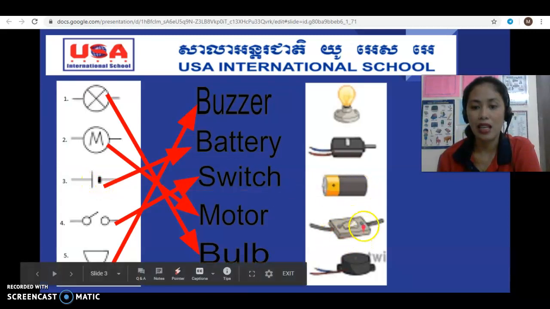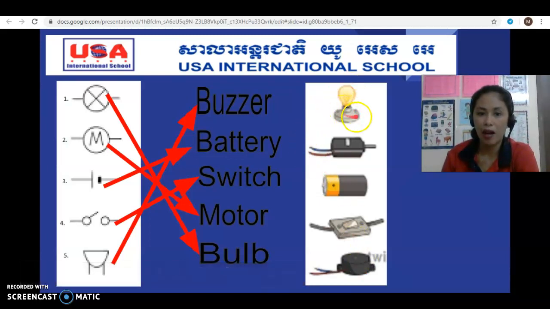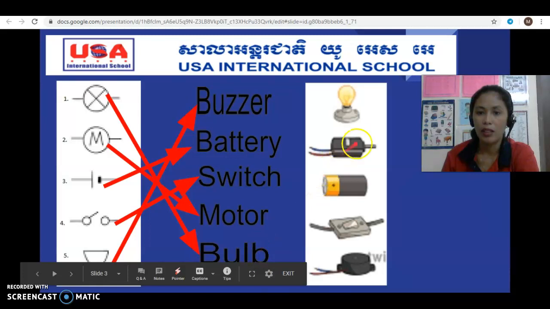And this is the switch, right? And how about this one? This is the buzzer. All right, so again, this is the bulb, this is the motor, this is the battery, this is the switch, and this is the buzzer. Very good.